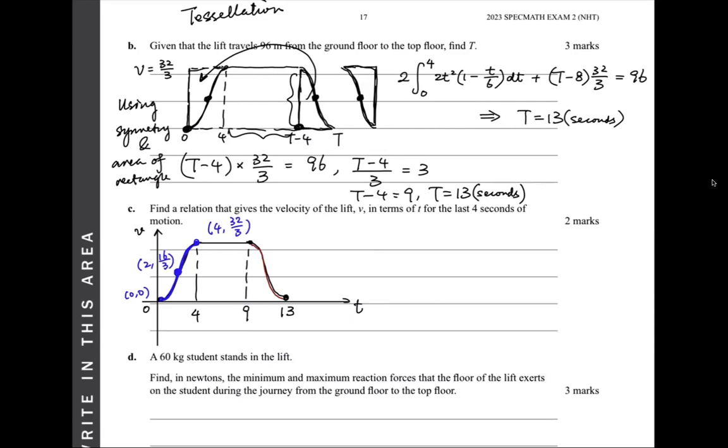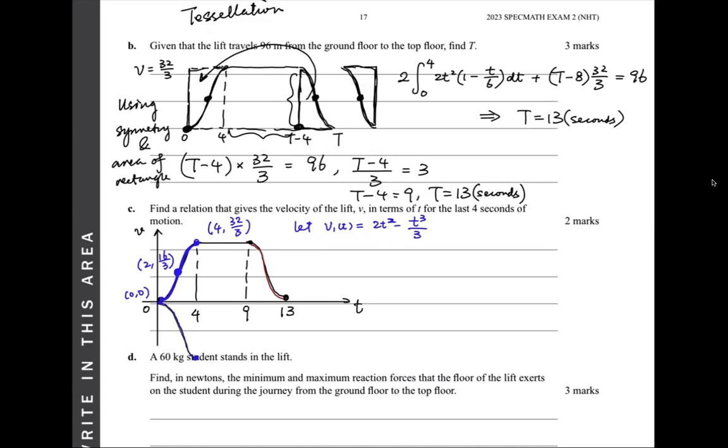So now, let's say we can reflect this graph. Let V1 of t equal 2t squared, actually I can use the expanded form, even better: 2t squared minus t to the power 3 divided by 3, okay?